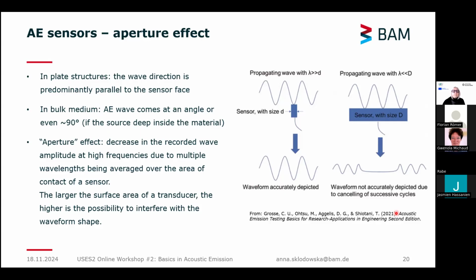And the aperture effect is the decrease in the recorded wave amplitude at high frequencies due to multiple wavelengths being averaged over the area of contact of the sensor.